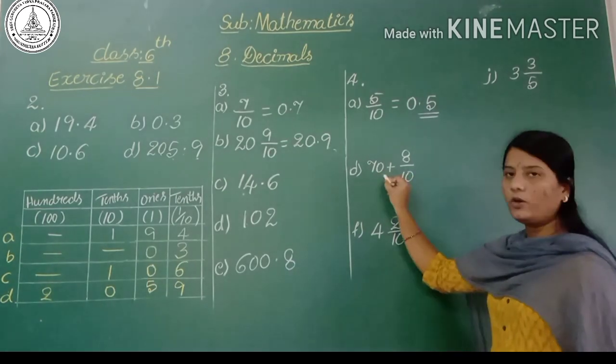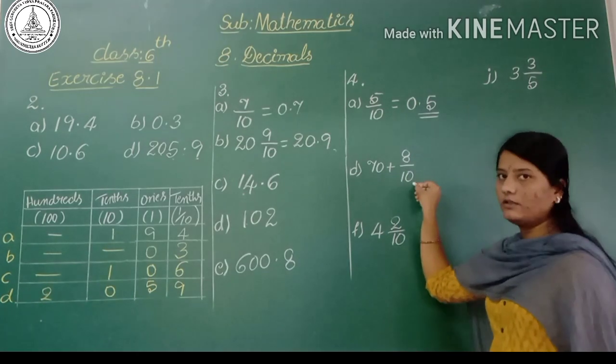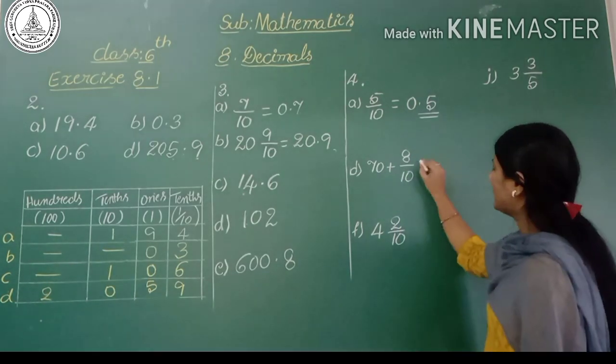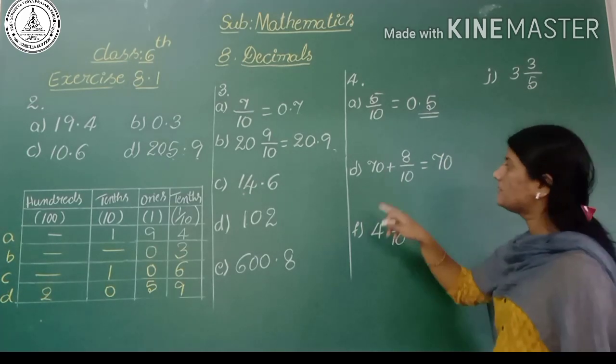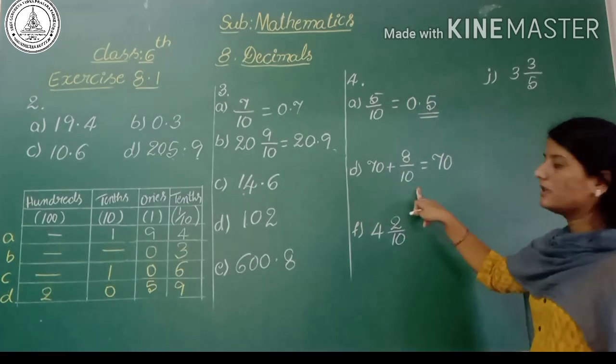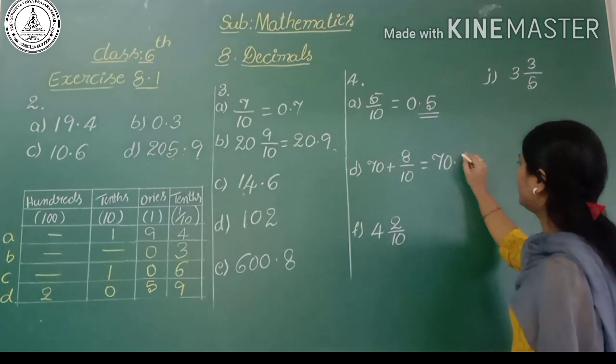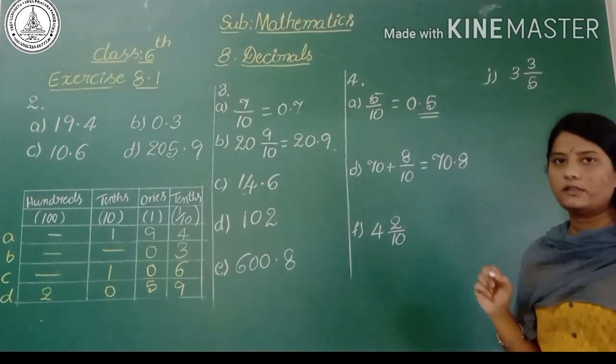So 7 is a whole number and 8 tenths, so we have to add. 8 tenths can be written as 0.8.